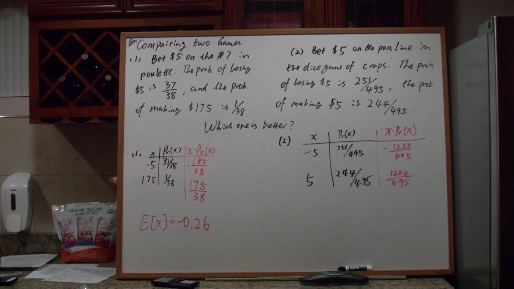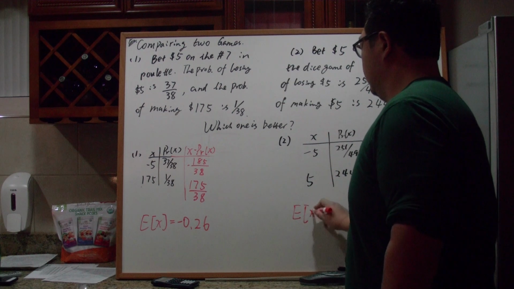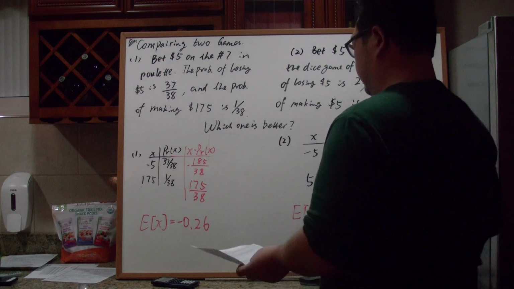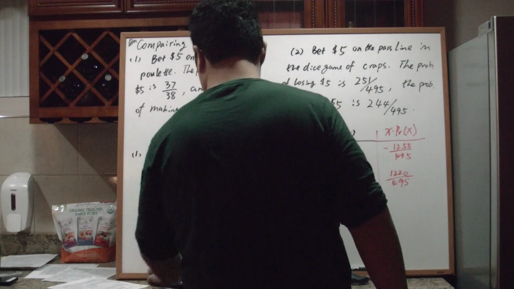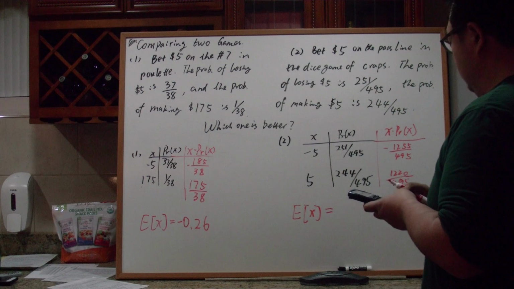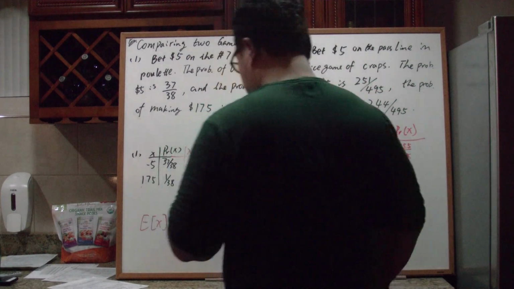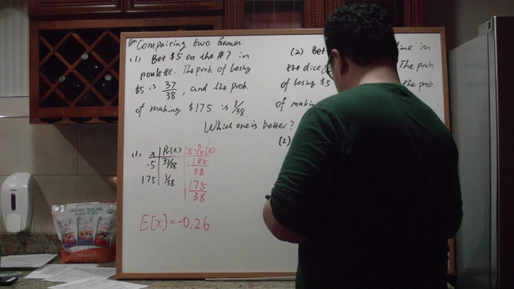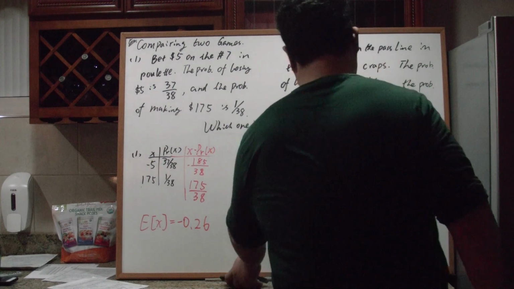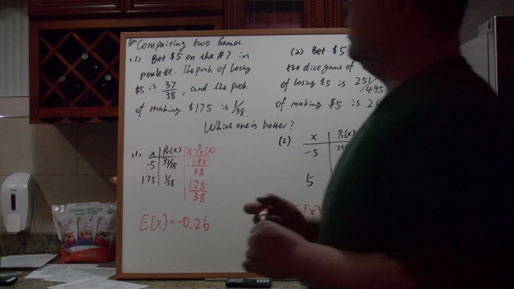We have negative 1255 over 495 and 1220 over 495 as the products. Then the expected value here is negative 0.0707.